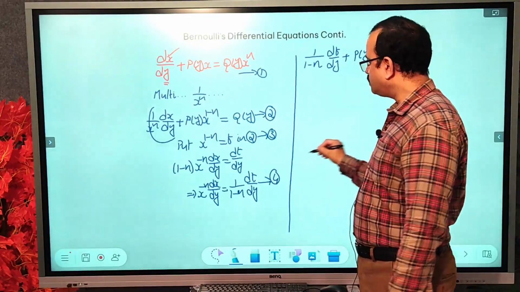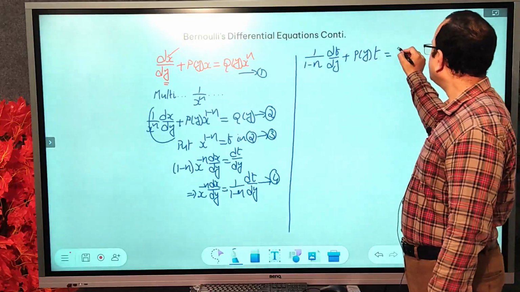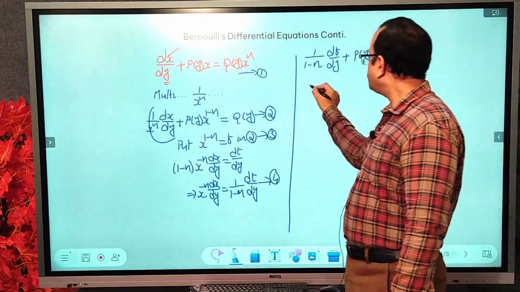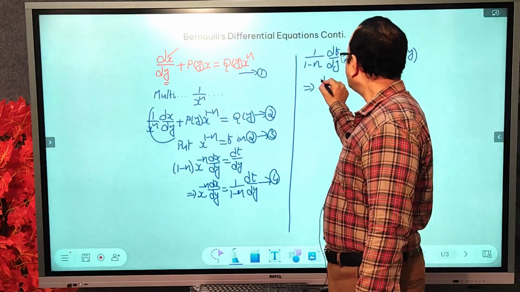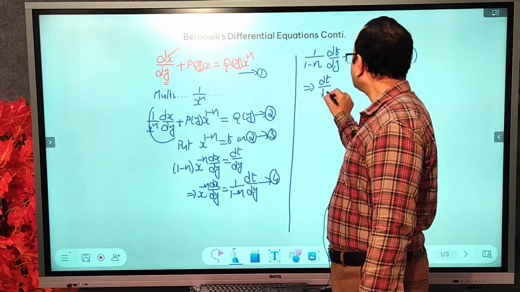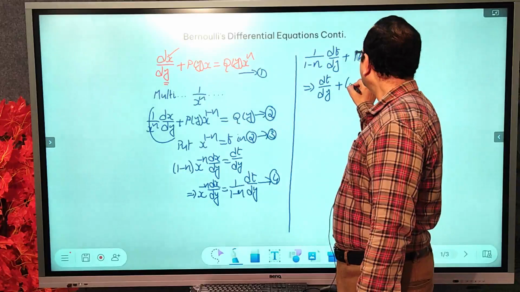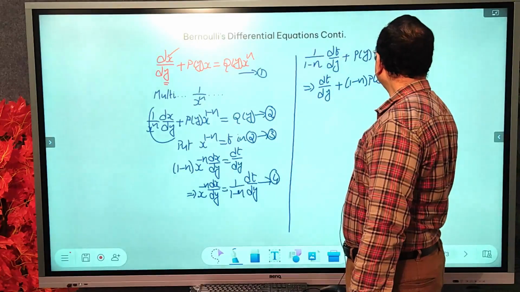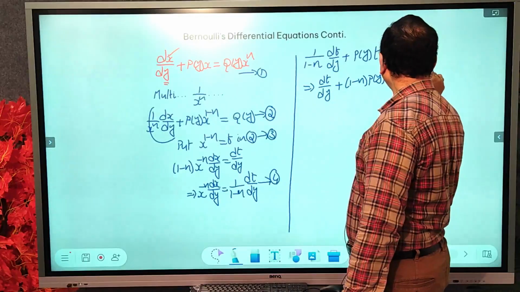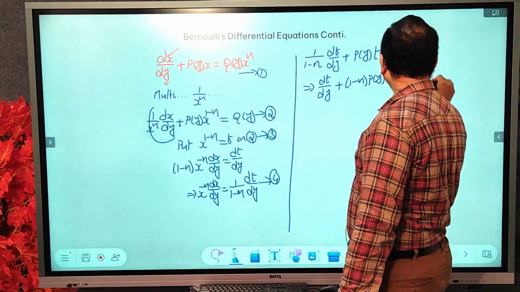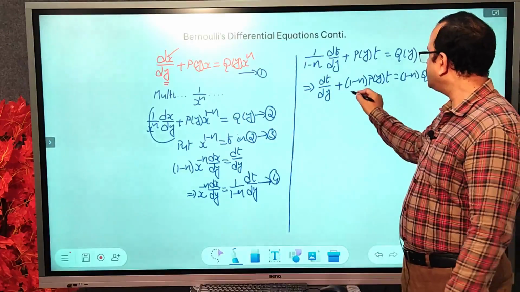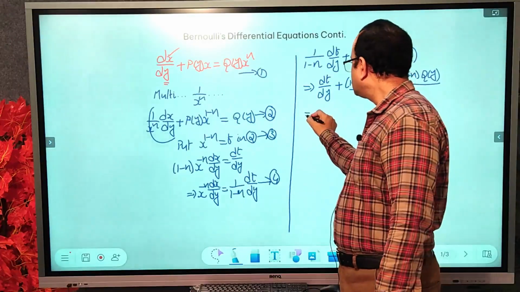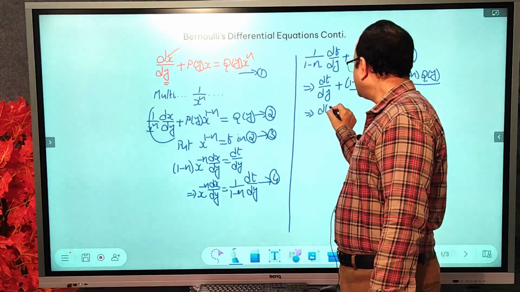So t is equal to, right side as usual, whatever we have we write it as q of y only. Now if we simplify, we can write dt by dy plus 1 minus n into p of y into t is equal to 1 minus n into q of y, which is a simple simplification. If you want, you can replace this with some p1 and this with some q1, otherwise also no need actually.